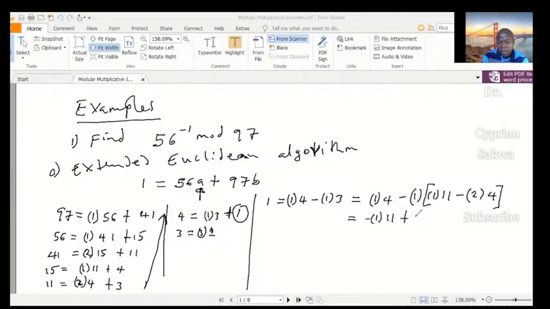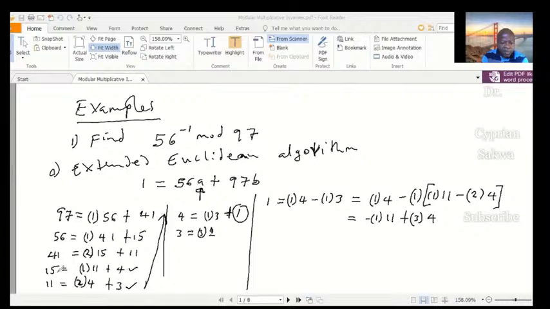That gives us 3 multiplied by 4. This is 1 plus 2 will be 3. Now let's substitute 4. We've already substituted this. So let's now substitute this.